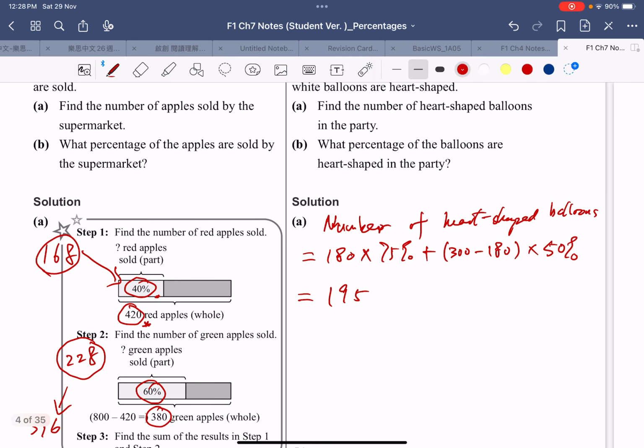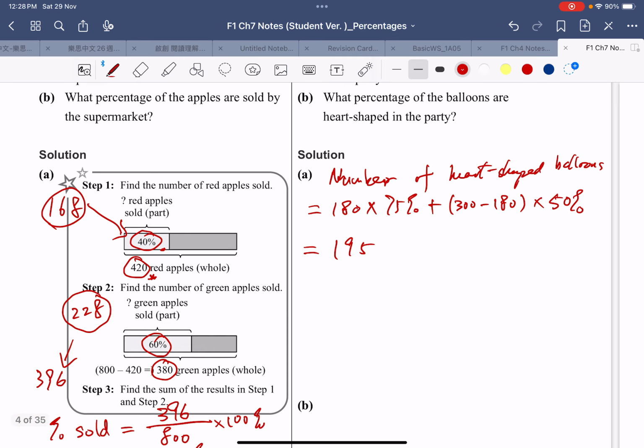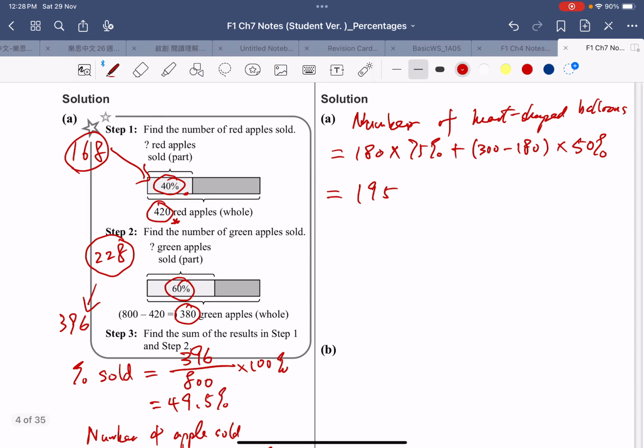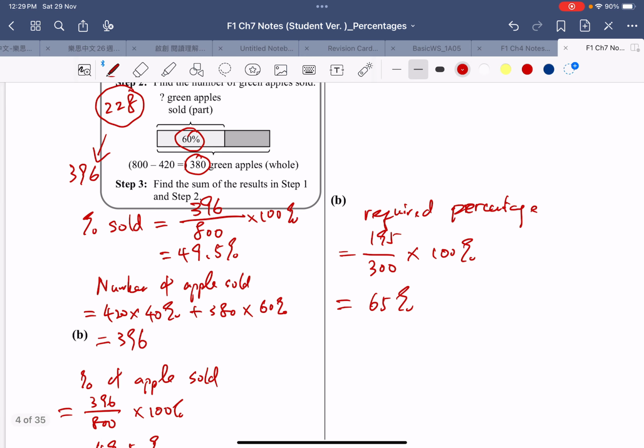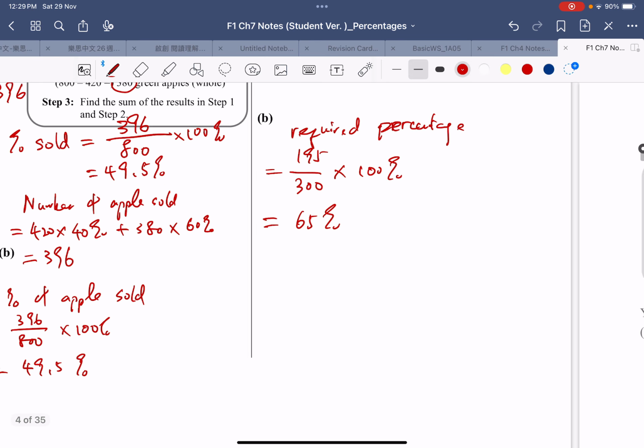This is part A. It asks you about the number of heart-shaped balloons in the party, and the percentage of heart-shaped balloons will be, you can write required percentage, for short, 195 divided by the whole, 300, times 100%, and it would be 65%. Okay, next question.